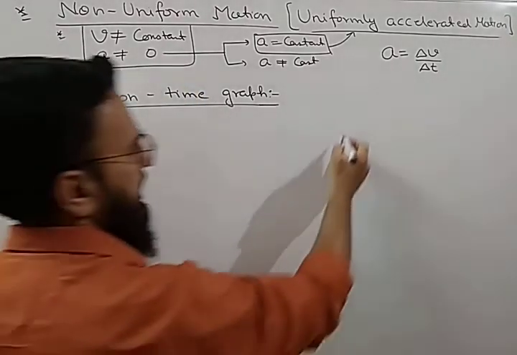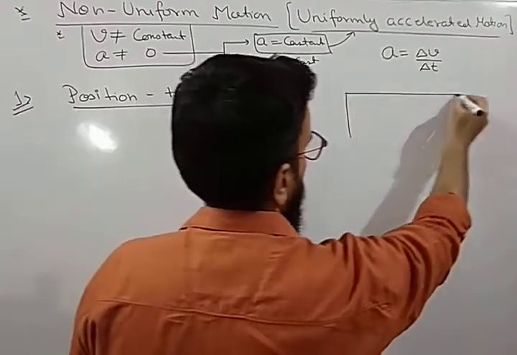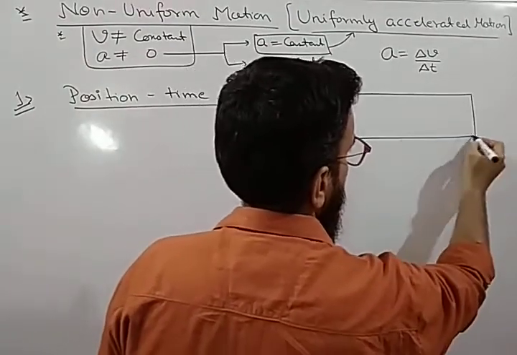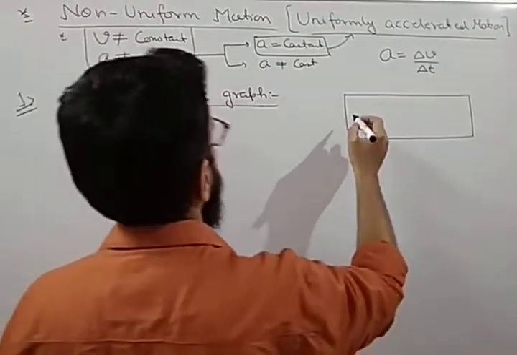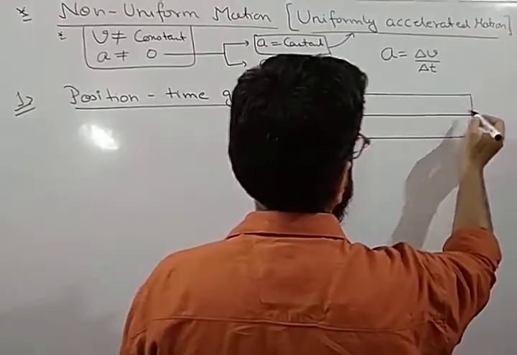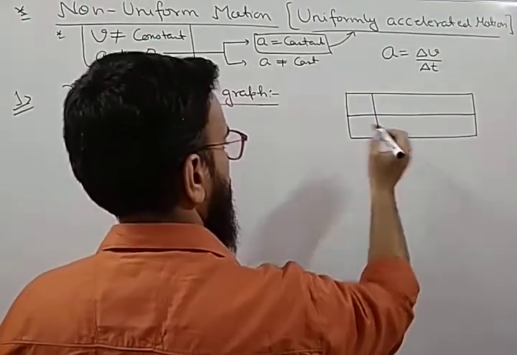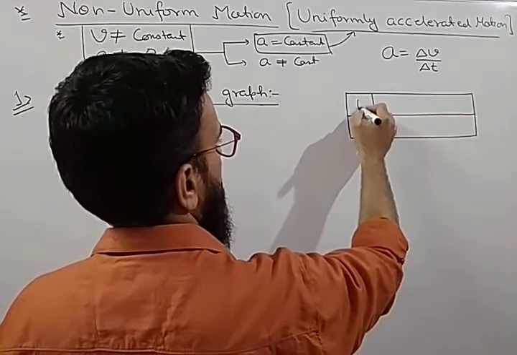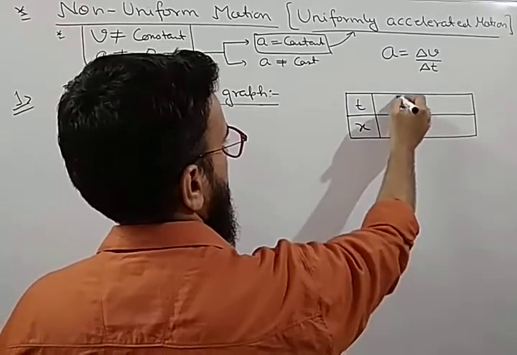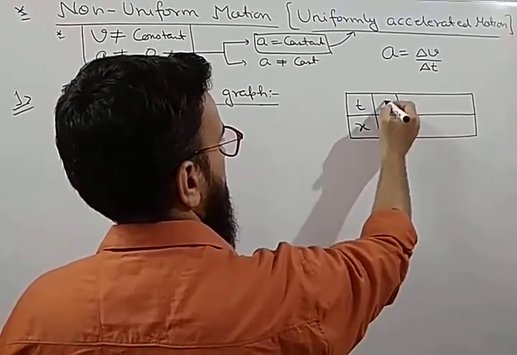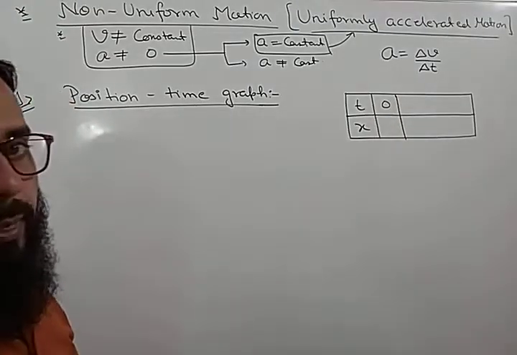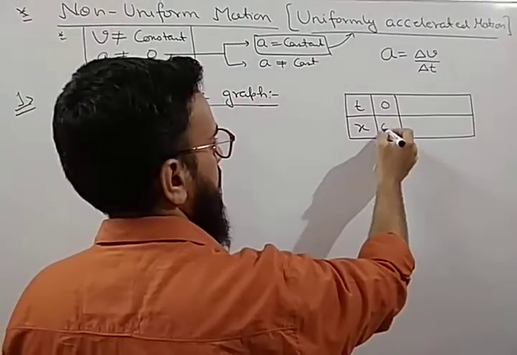If we draw a table for this, let us draw a random table. Suppose this is t and this is x. Suppose the particle starts from t equal to 0 from the origin.